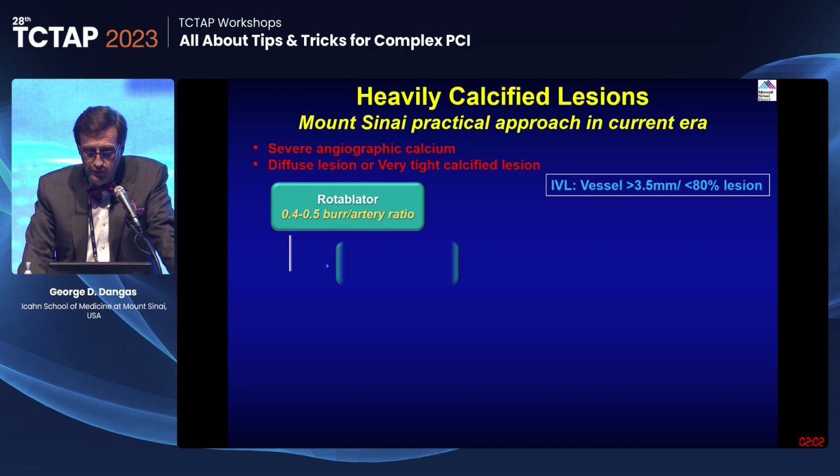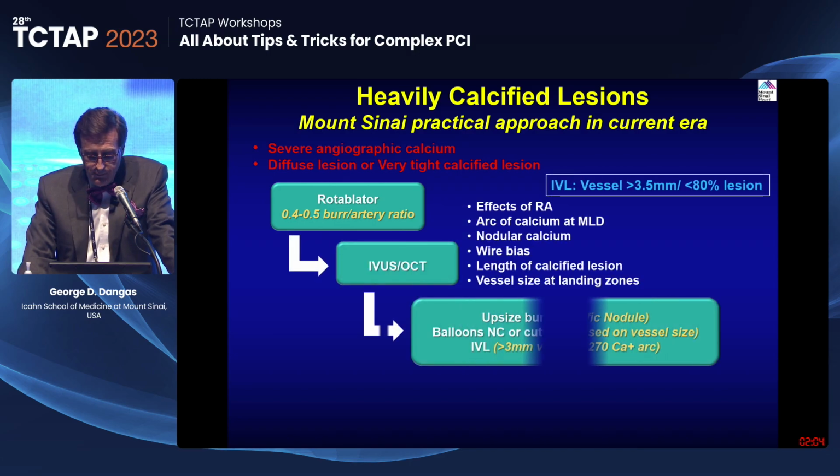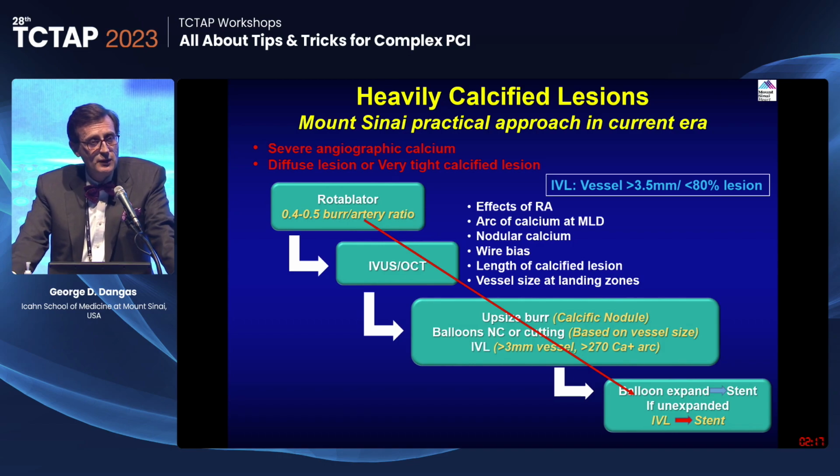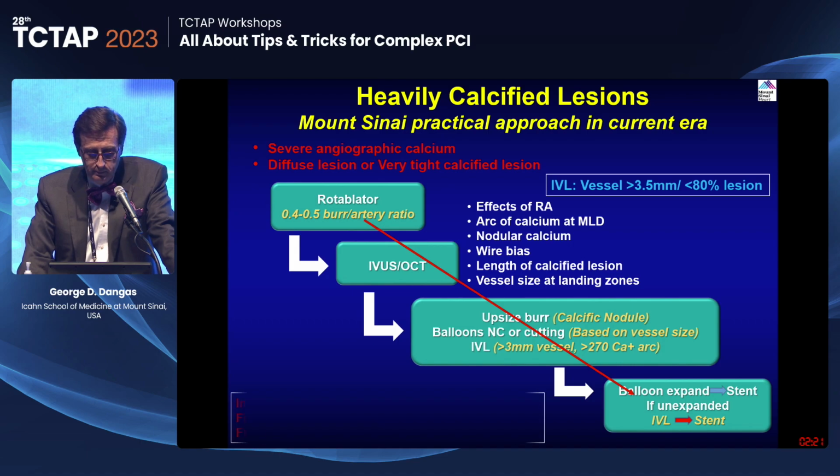So with use of rotablator, IVUS, or OCT, upsize the burr as needed, ultimately do a balloon expansion or a stent, or if you want to just go to a rotablator plus IVL and stent, maybe you bypass a few of the other aspects if you're really certain of the sizes you really want to use later on.